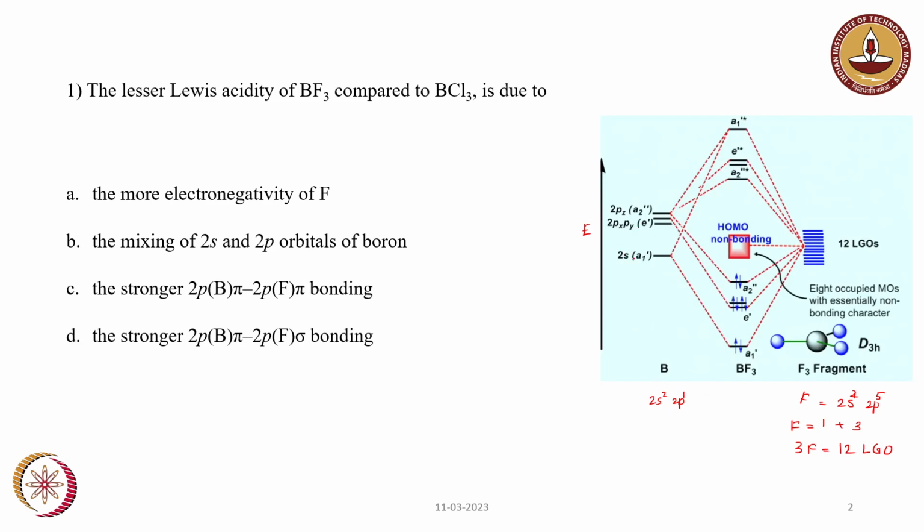So the first 3 orbitals will be filled from 6 electrons from boron and fluorine, and the A2 double prime orbital will be filled from one lone pair of one of the fluorines.